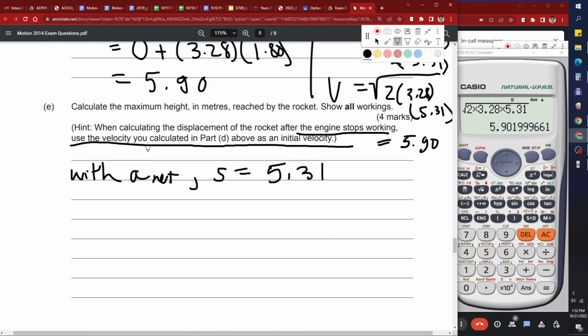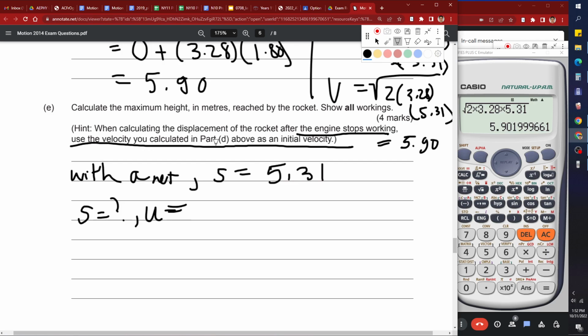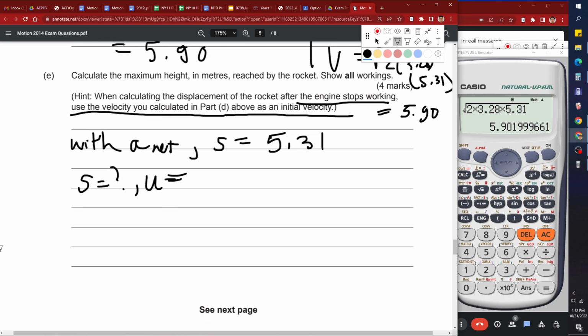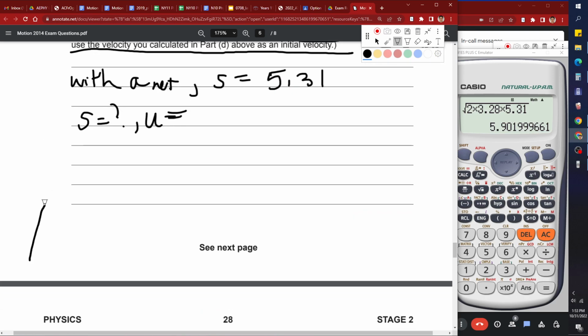And it says now we want to know what is the distance when U is this value now. So now we're looking at two parts. You can do two parts to this.